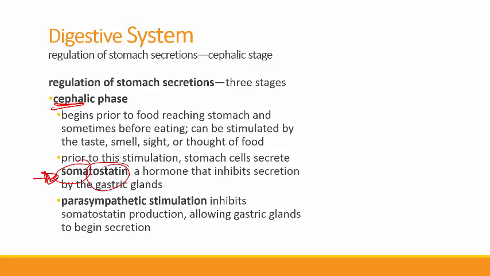And in turn, the gastric glands begin to produce acid, gastric lipase, pepsinogen, intrinsic factor, and the alkaline mucus. So we begin to secrete during the cephalic stage as parasympathetic stimulation reduces somatostatin production.